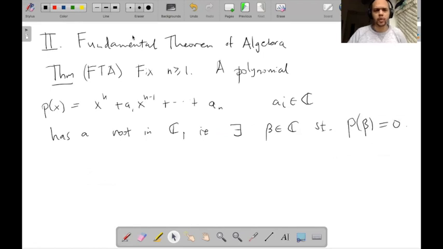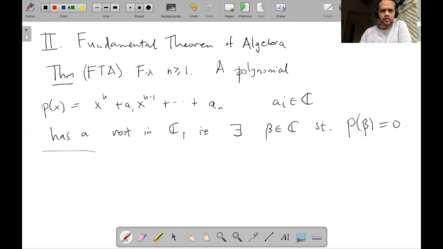And let me just point out that n is at least 1, which means the polynomial has degree at least 1. It can't be a constant polynomial, otherwise it wouldn't be true. But okay, so every polynomial of degree at least 1 has at least 1 root. All right, and maybe I won't try to convince you this is an important theorem.